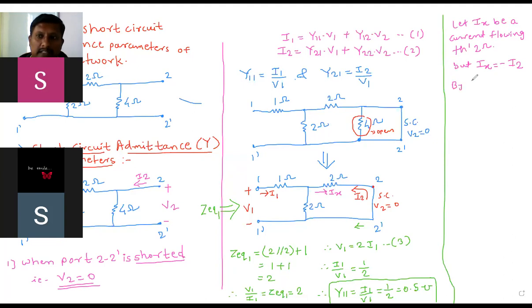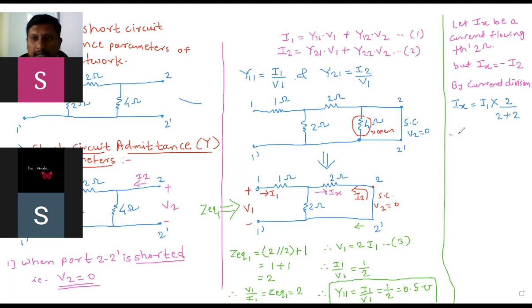So by current division we can find out the Ix value. How to find out the Ix value? Ix is equal to total current I1 into the opposite branch, which is 2, divided by 2 plus the resistance of the branch through which Ix flows, which is also 2. So you can add.